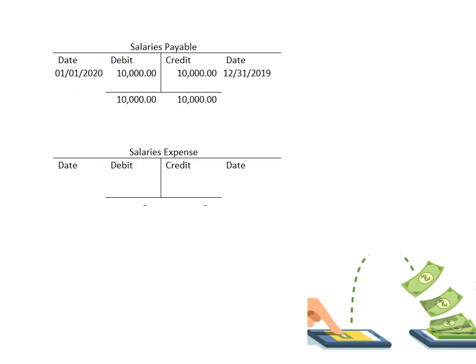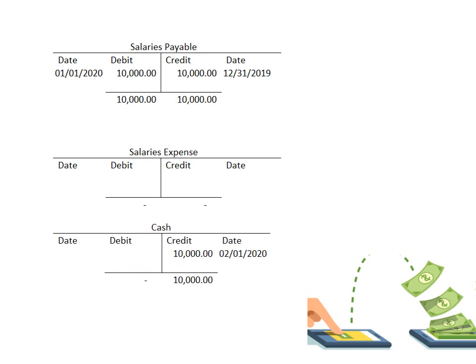But for payable, there's still a balance of 10,000. And since we already paid that in cash, we would put 10,000 on January 2. Sorry, it's supposed to be January 2, not January 1. And then for cash, we now have a credit of 10,000.